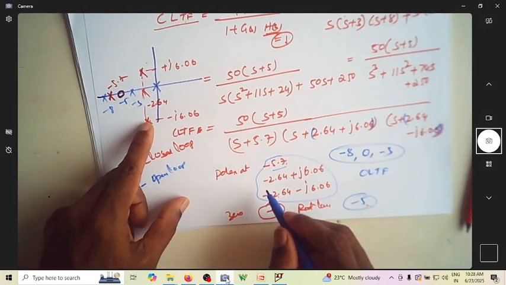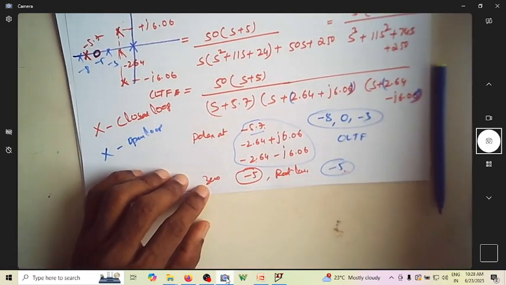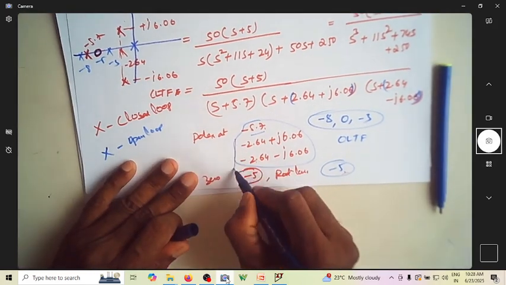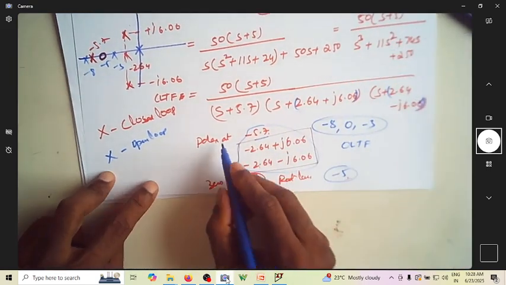The poles nearer to the imaginary axis are these two, so these two are called dominant poles.